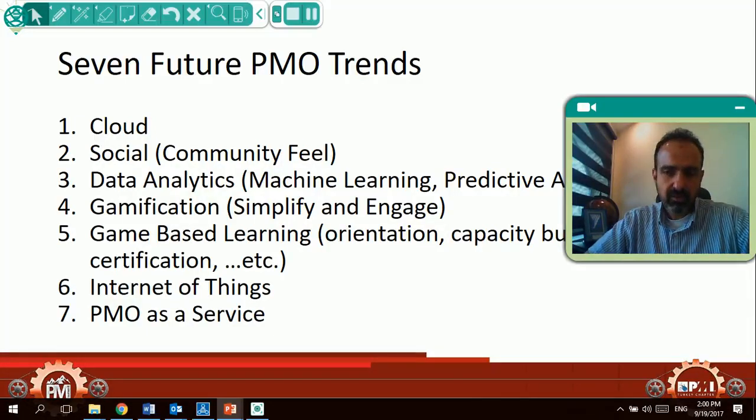I think the Internet of Things, we're talking about hardware and software, will play a big role also in the PMO. But we're not going to go into that in detail now. And I believe there's a future for PMO as a service. There are certain types of functions of the PMO that are better outsourced. So I think there will be more focus on the PMO as a service.